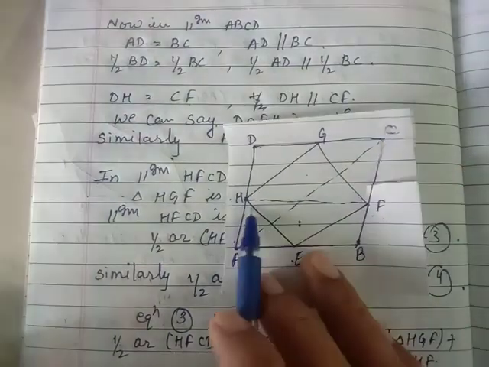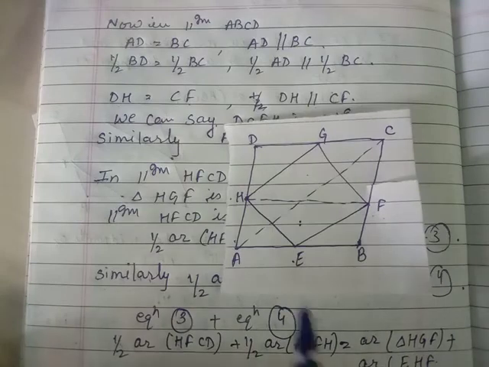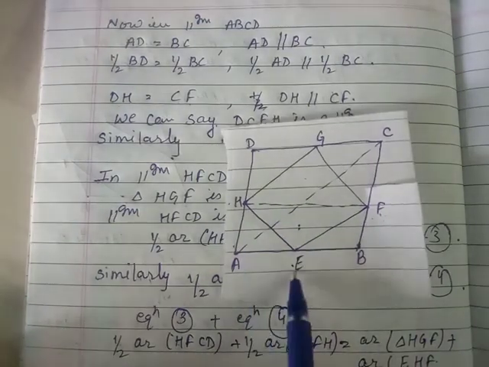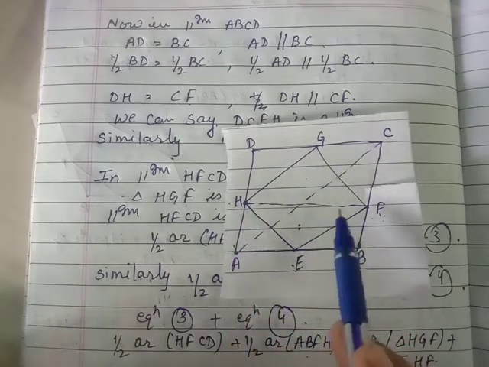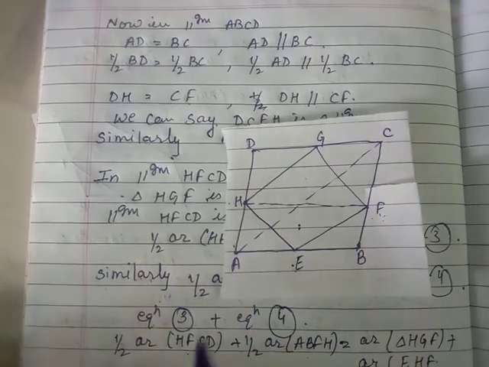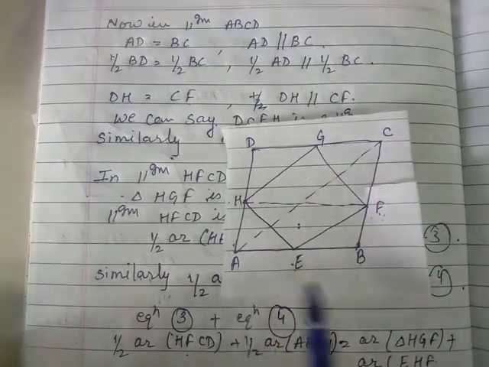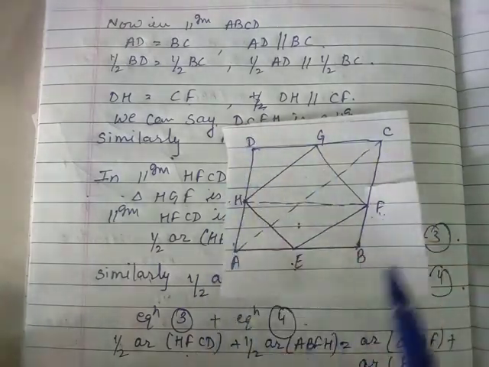Now see what we are getting. If we add HGF and EHF, we will get this area. And if we add this HFCD and HABF, we will get this whole parallelogram.